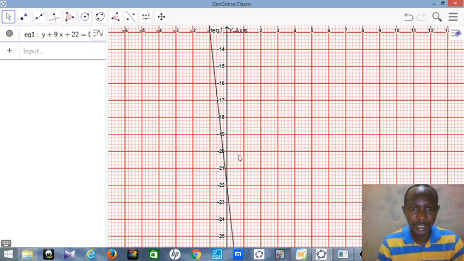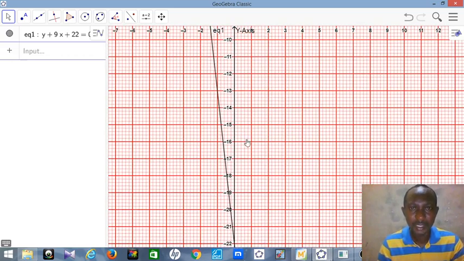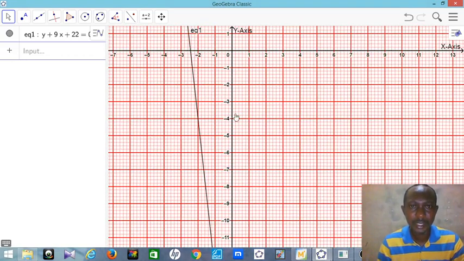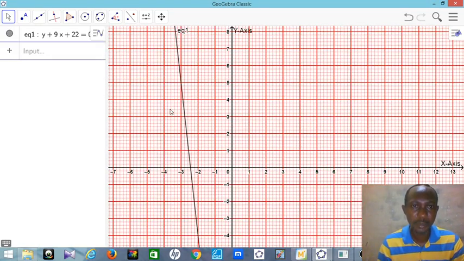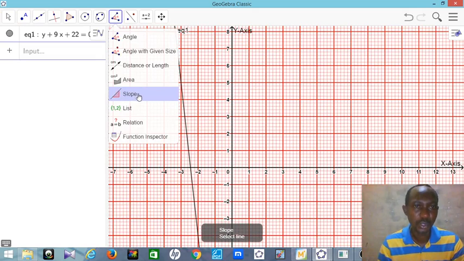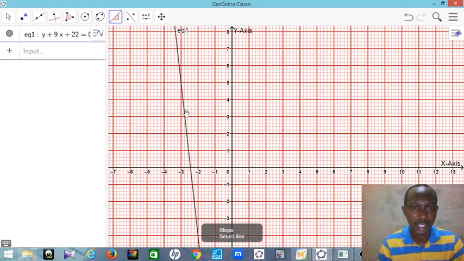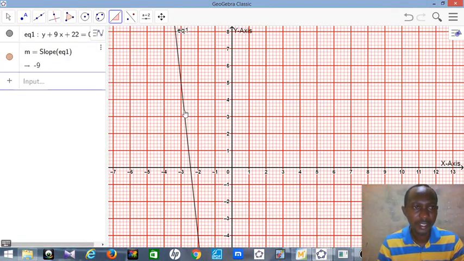They are very simple. Now if I want to check the gradient of this line, let's see if our gradient is going to be -9. I'll just come here and check it under slope. I told you before that slope and gradient are the same. If I click on the line, you can see the answer. See, slope is -9.